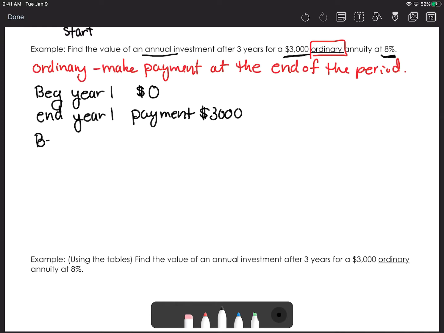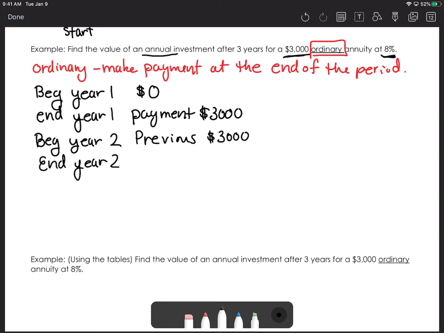At the beginning of year 2, we have the previous balance from the previous year of $3,000. At the end of year 2, then we can process that $3,000 for interest for that second year because now it's been sitting there in the account for a year.